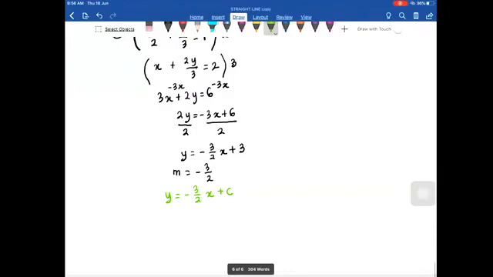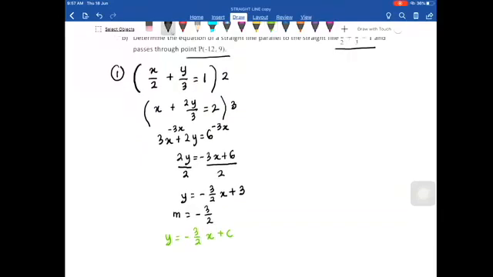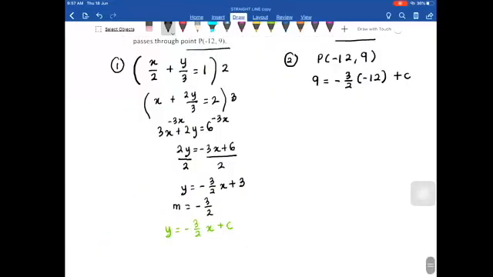Alright. Kemudian next step, substitute P. 9 is equals to negative 3 over 2 times negative 12 plus c. Okay, so simplify.